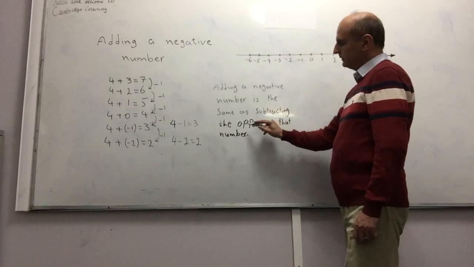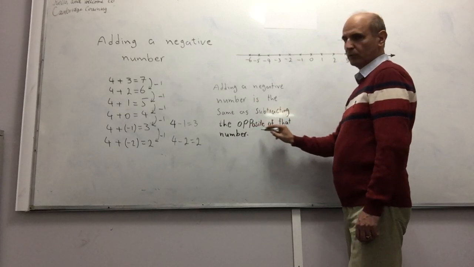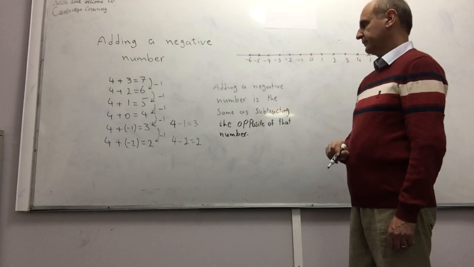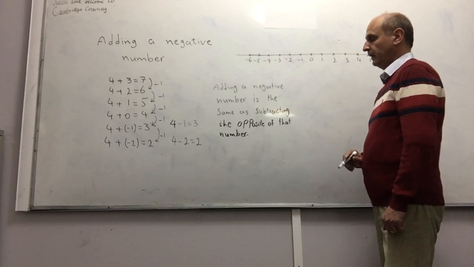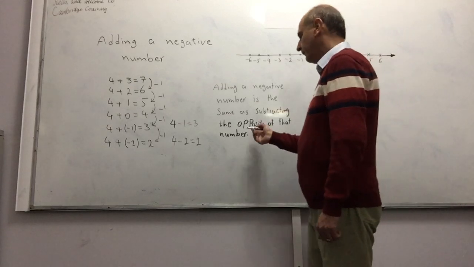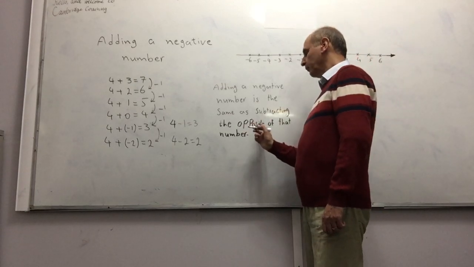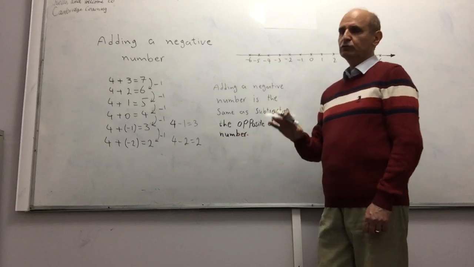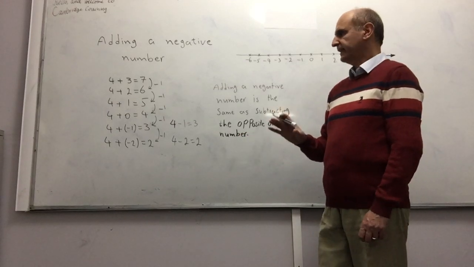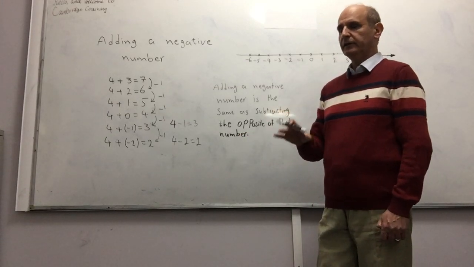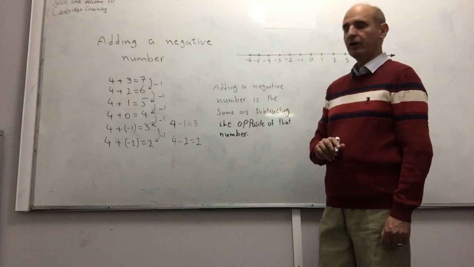Alright, let's talk a bit more about this word opposite as far as numbers are concerned. When you're talking about the opposite of a number, you're talking about the same number but with a different sign.